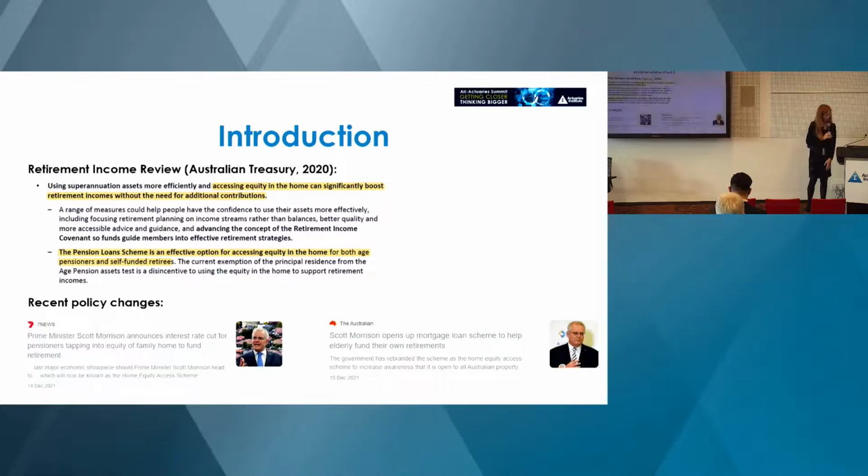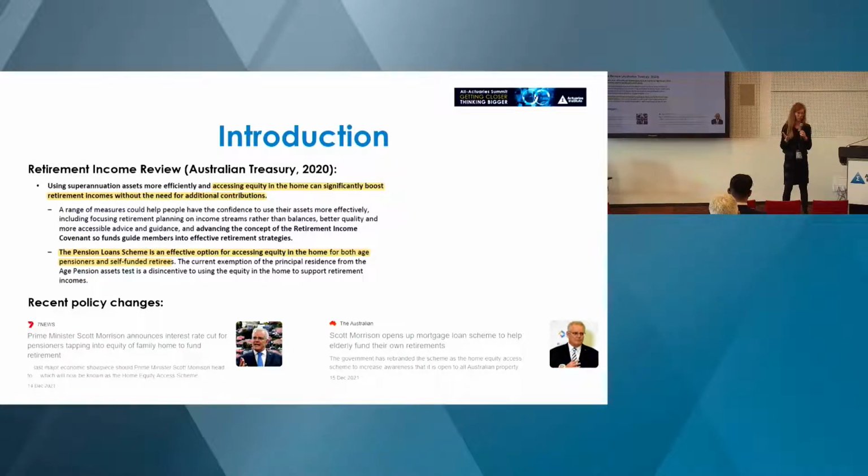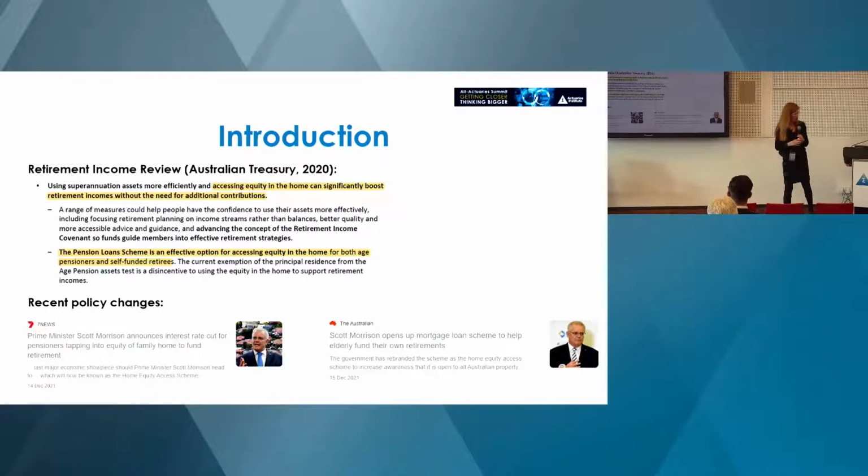The motivation is basically retirement income in Australia. There's lots of motivation for why we should look at housing wealth as a source for retirement funding. It's often the largest asset that a household owns. In percentage terms, particularly for less wealthy households, housing wealth often makes up a larger share of their wealth.